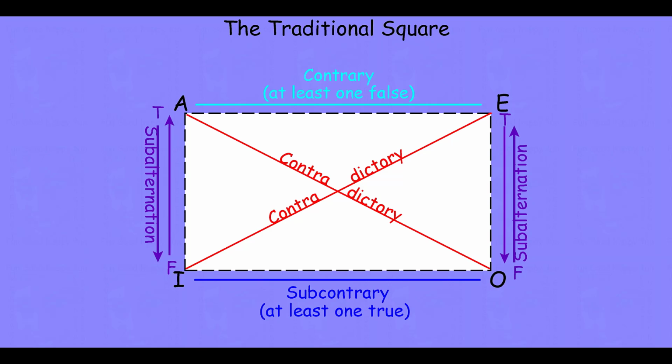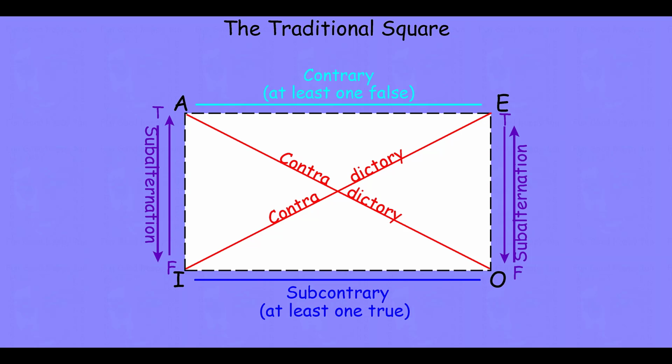Truth flows down, falsity rises up. And that subalternation relation holds between A and I, and also between E and O, the universal negative and the particular negative.